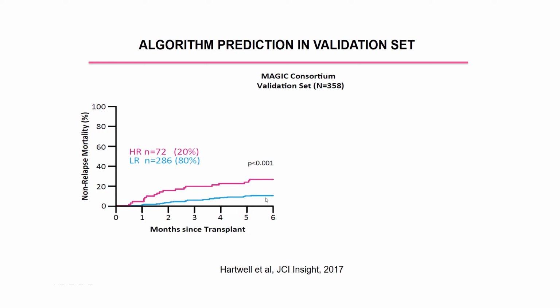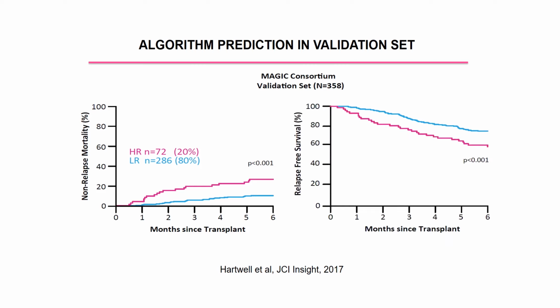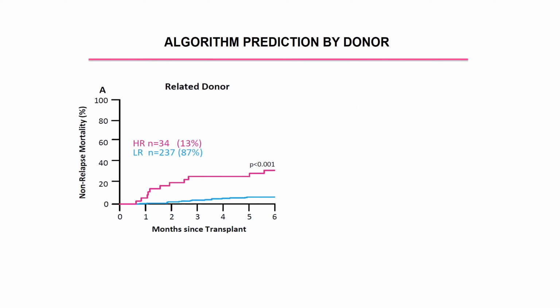In the low-risk group, which was 80% of the patients, it was still only about 10% non-relapse mortality. And because this is not related to relapse, the overall relapse-free survival is also highly significantly different in these two groups of patients that are distinguished just on the basis of the MAP. This was about 358 patients from the MAGIC consortium.